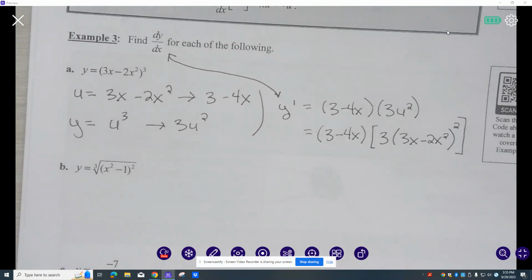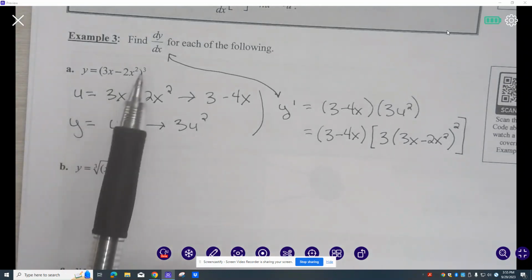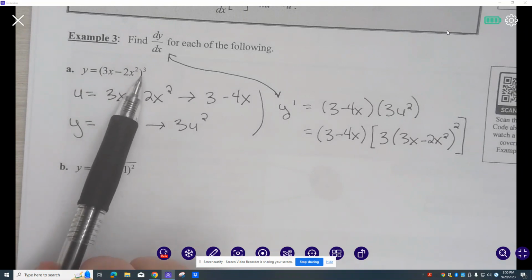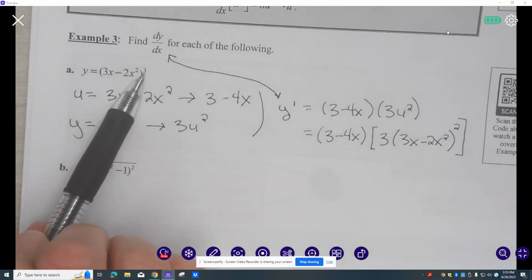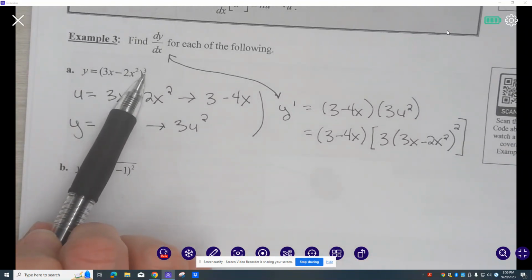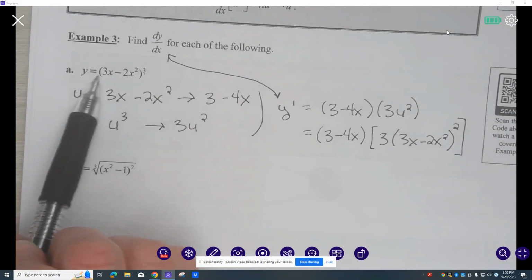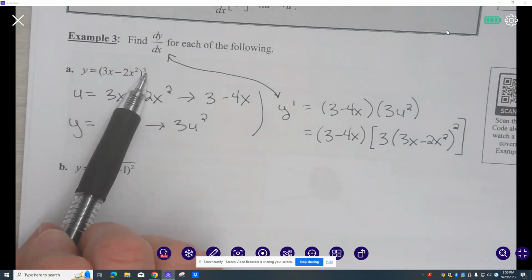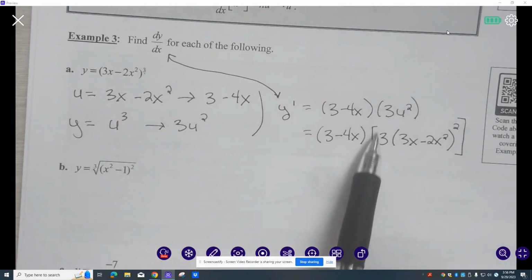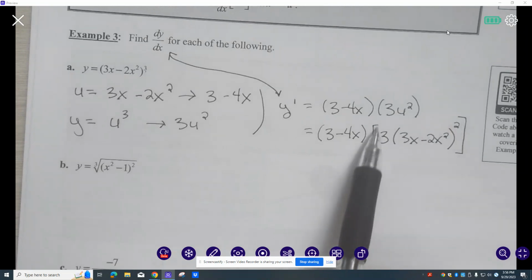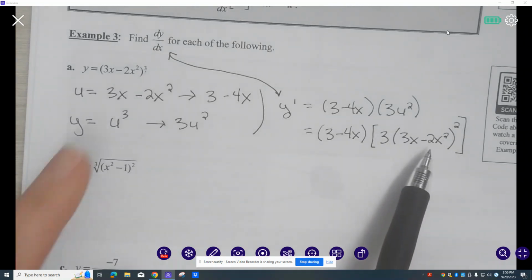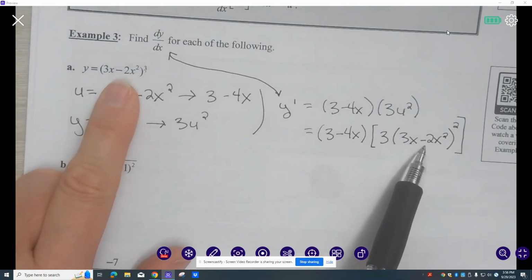Now I want to show you the derivative of the outside. If you go back here to the original problem, the derivative of the outside is something to the third. So if I'm taking the derivative of something to the third, I bring the 3 down in front and subtract 1 from the exponent. That's this right here. So this is derivative of the outside with the inside unchanged.